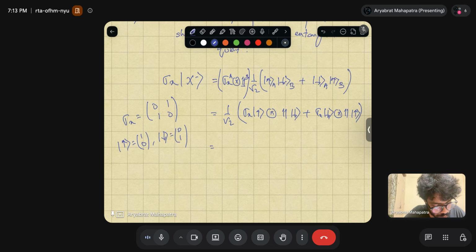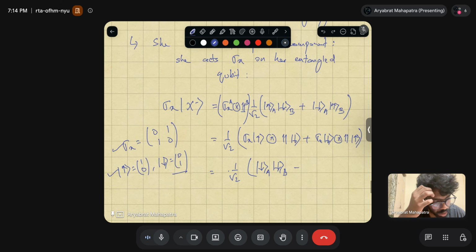So that means you will have 1 over square root 2 times this and this. And if you do sigma x on down, you will get a negative sign. Actually, this negative sign was there from before, so you won't get any extra negative sign.